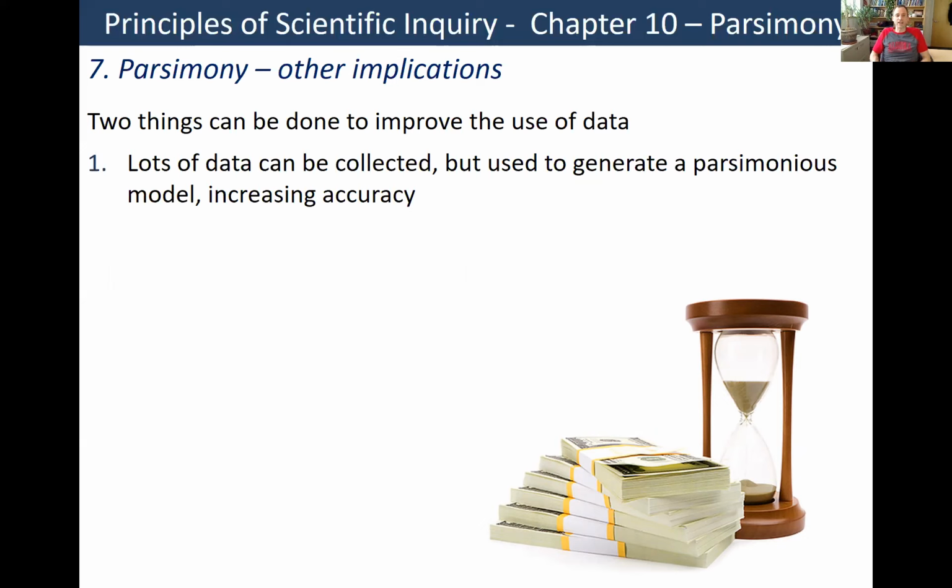So we get a lot of data, and we just use great models, we get increased accuracy. Or we can collect fewer data, spending less time and less money, and generate a parsimonious model maintaining previous accuracy levels. So if we're comfortable with our level of accuracy, we can just do a better job and be more efficient, saving time and money. Given that there are infinite questions that we can ask as scientists, it's probably a good idea.